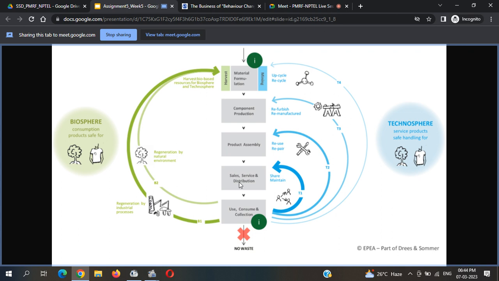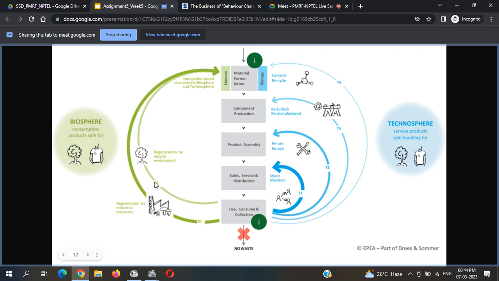So these are the different ways in which the technical cycle of cradle to cradle works. And in the biological cycle, you can see the end product can either be regenerated by industrial processes to create a raw material which can create a new product, or it can be regenerated through the natural environment.